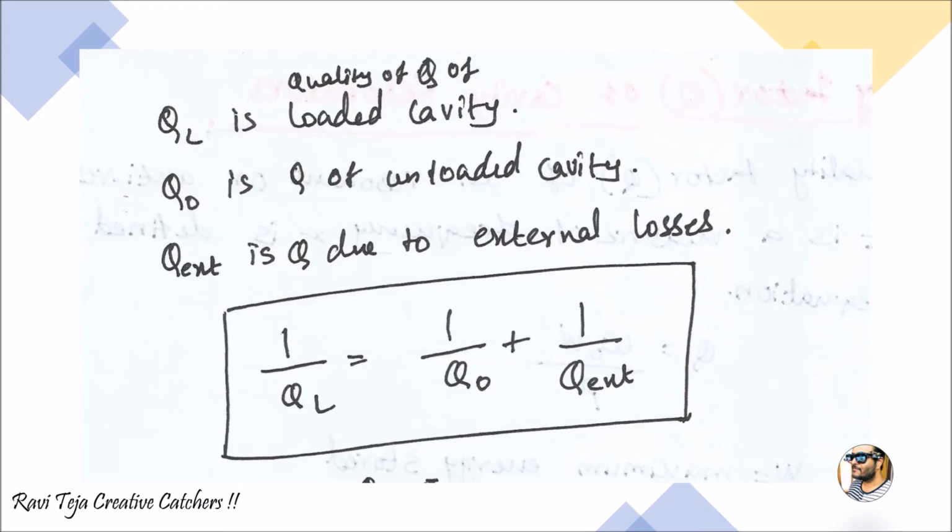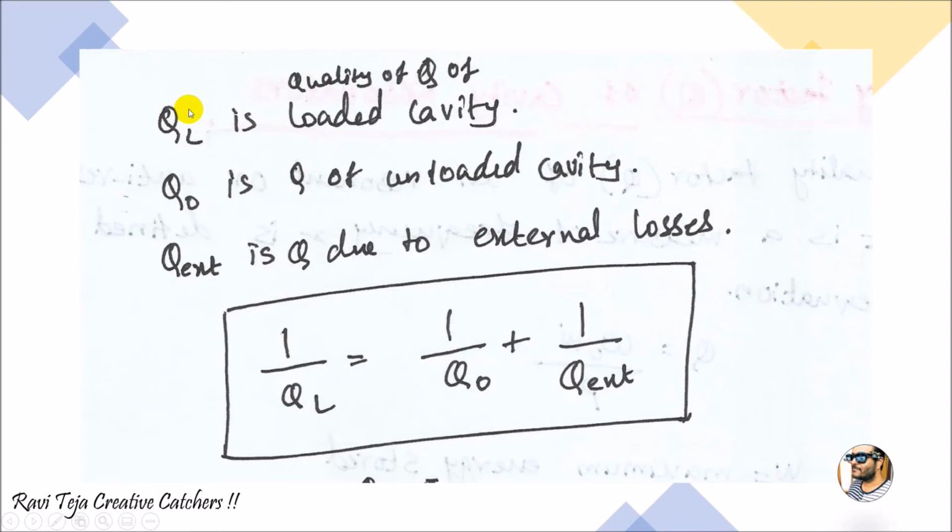Now the cavity is loaded, that's why we consider it as QL. The minimum state is empty, which we consider as Q naught, the unloaded cavity. Once the signal is captured and moves to and fro, it generates some energy and the cavity will be full. That full cavity is considered as loaded, so that condition is QL here.